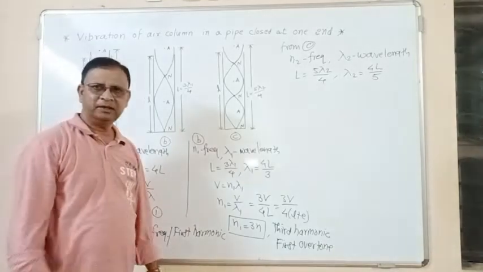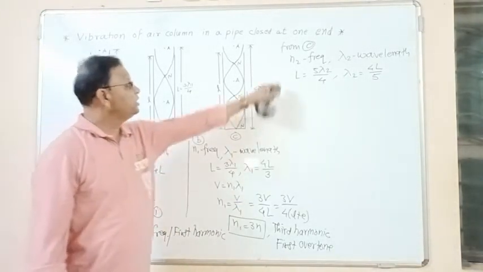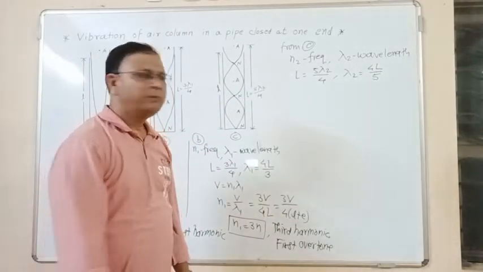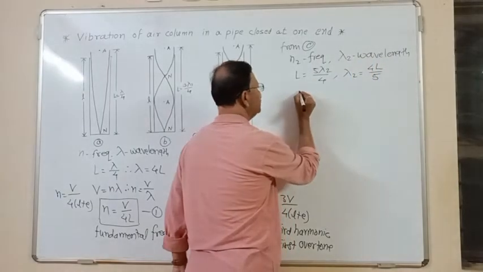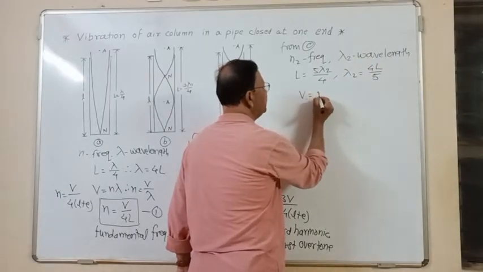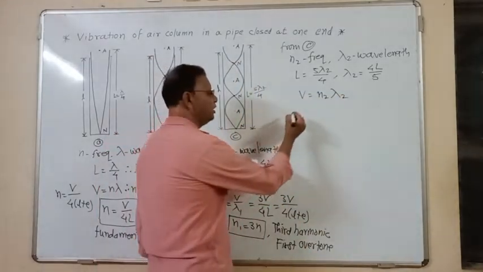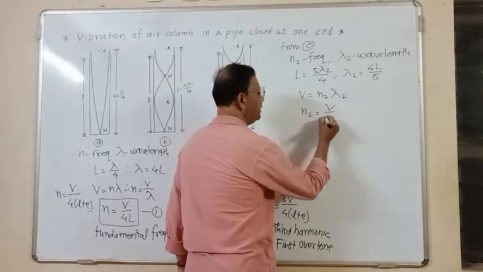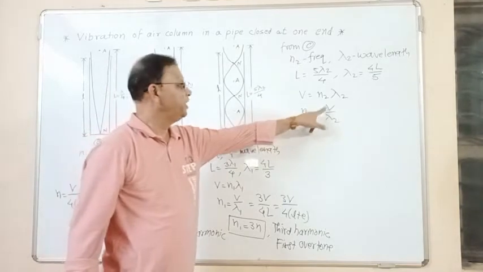The wavelength we get is 4L divided by 5. As N2 is the frequency and lambda 2 is the wavelength, the velocity is V equal to N2 lambda 2, and therefore the frequency of vibration N2 is equal to V divided by lambda 2.